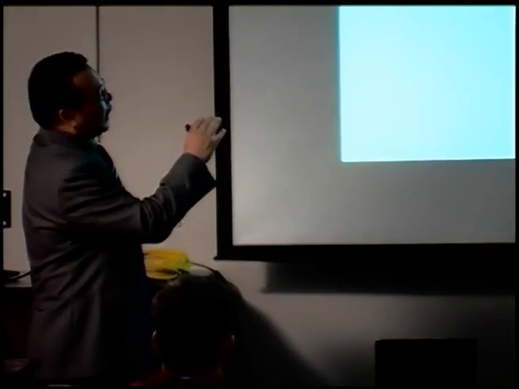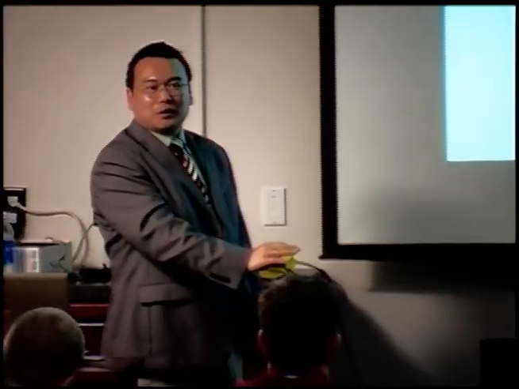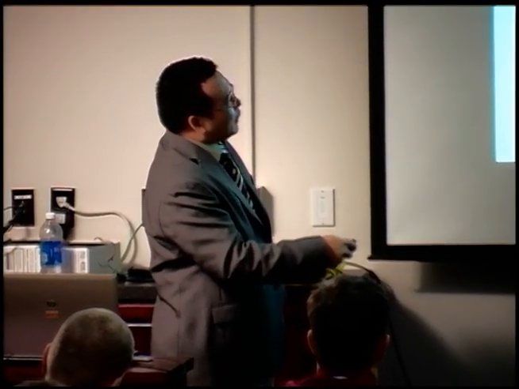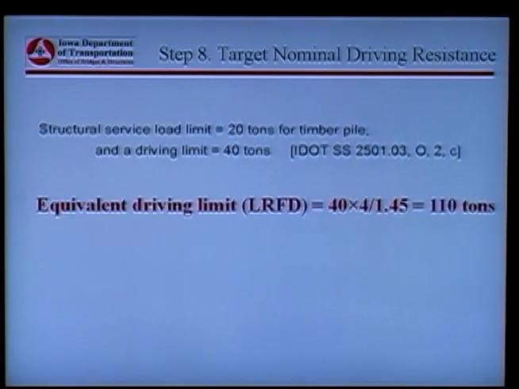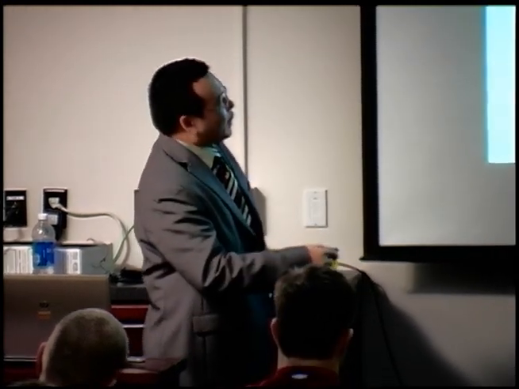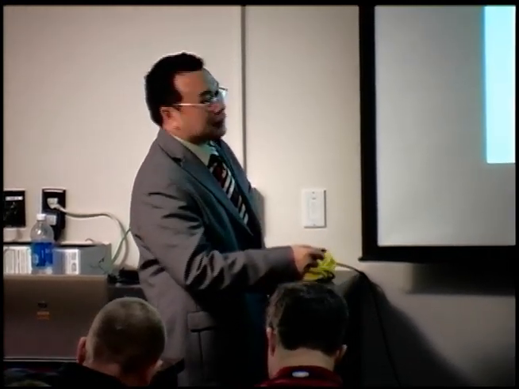But we want to maintain that criterion for now, so that we can use it in the LRFD. Of course, you may debate whether it should be a different number from 40 tons, but again, based on past experience, a judgment needs to be made there. In terms of equivalent values, it shall be 100 tons in the LRFD design.